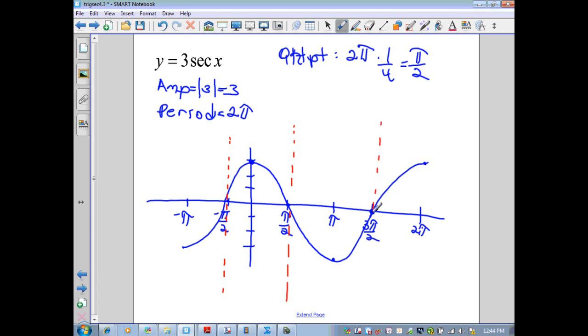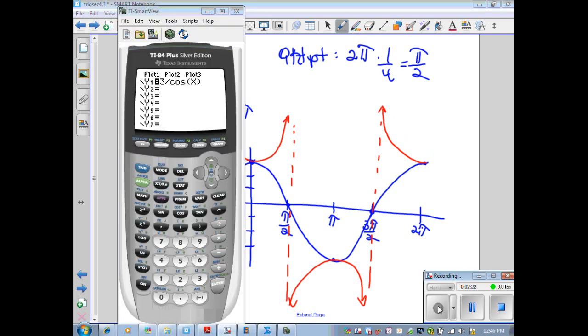And then create a U-shape inside those asymptotes to see y equals 3 secant x. Let's verify our solution by using the calculator.